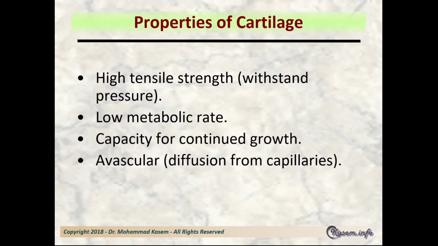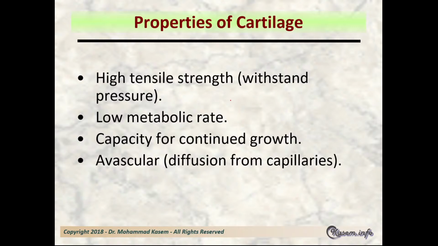Properties of cartilage. Cartilage is different from other types of connective tissue. Why? Because it bears strength and pressure, like in joints such as intervertebral discs and synovial joints.